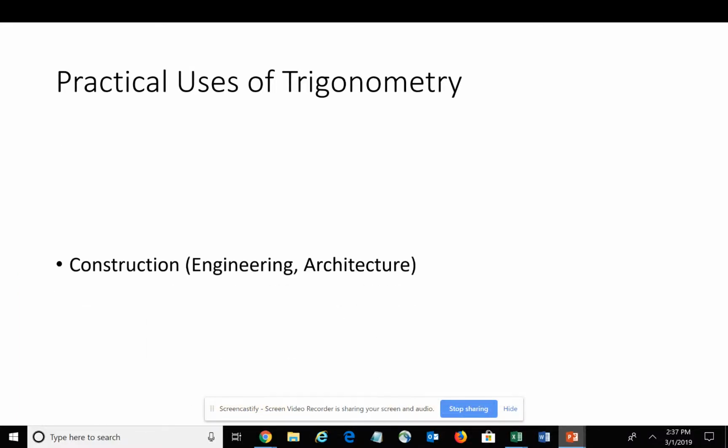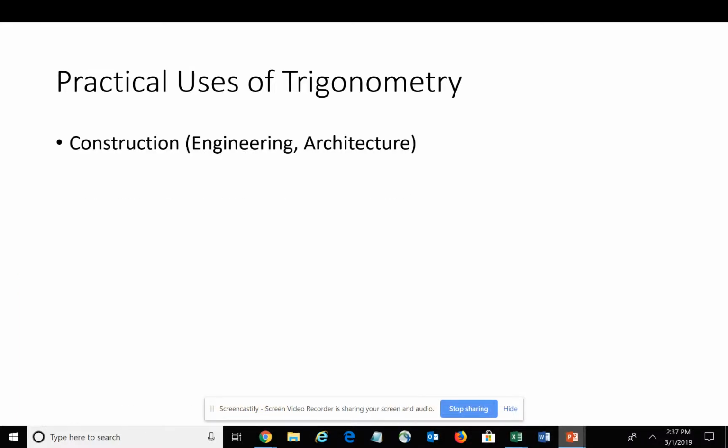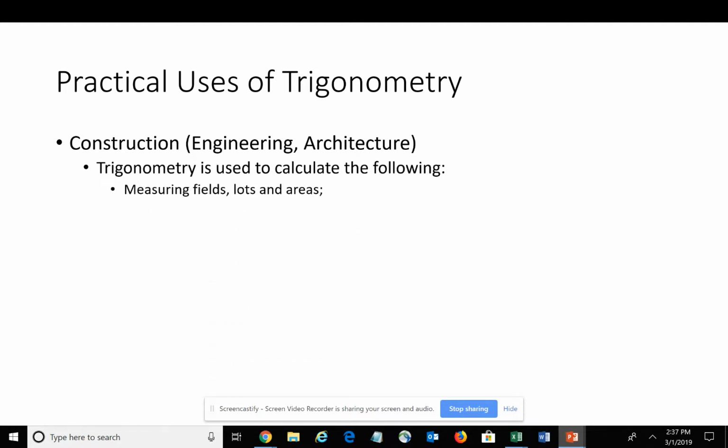You also obviously use lots of trigonometry within construction, which also includes engineering and architecture. Trigonometry is used to calculate the measurement of different fields or lots or areas, making sure that the walls of a particular building are parallel or perpendicular.